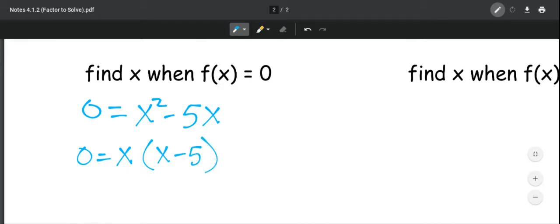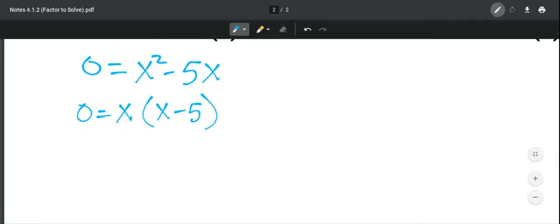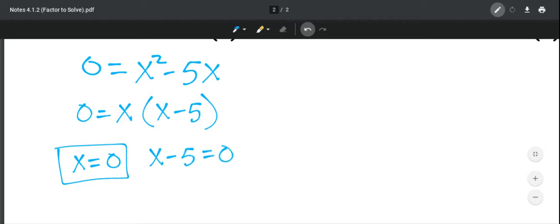And the reason why we do that is because, look, now we are done. We don't have to do the box and diamond. We don't have to do anything else, because after you take out the GCF, now you have your two factors. And you set them both equal to 0. So x equals 0 and x minus 5 equals 0.